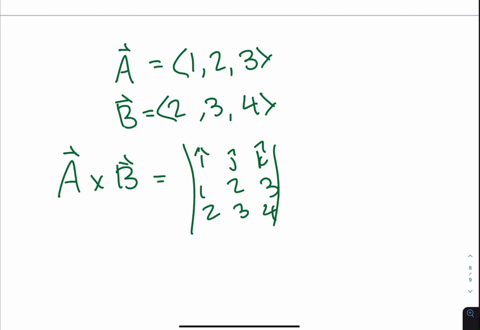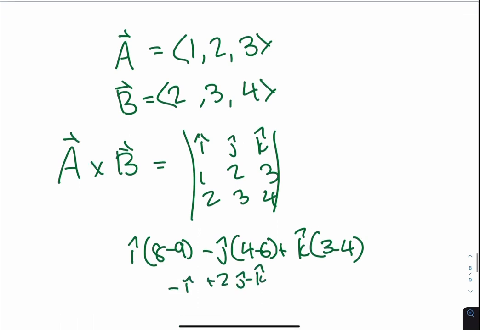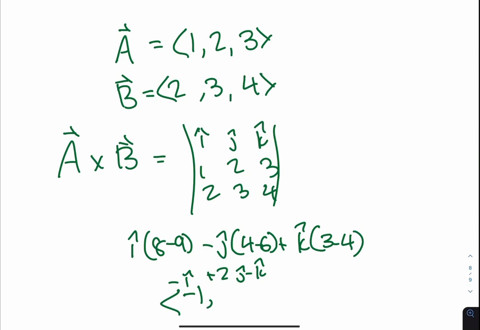Now, I'm not going to go in detail on how I actually calculate this determinant because that's something you have to learn in a math class. So for now, I'll be just writing the answer. And hopefully you can follow along and check your answer. And I got -1, 2, -1 as my final answer.